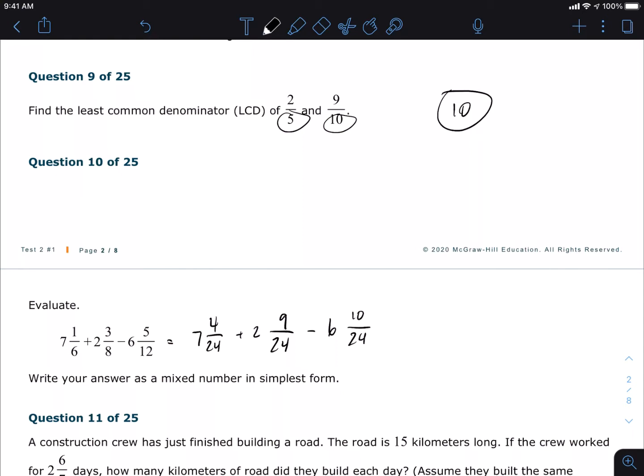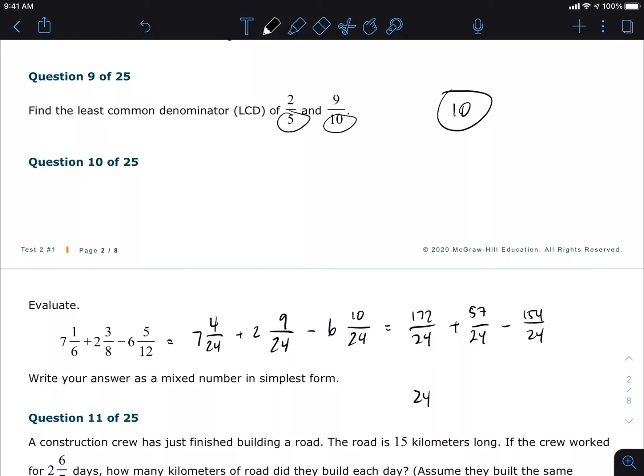All right, 7 times 24 plus 4 is going to be 172 over 24, plus 48 plus 9 is 57 over 24, minus 24 times 6 plus 10 is 154 over 24.